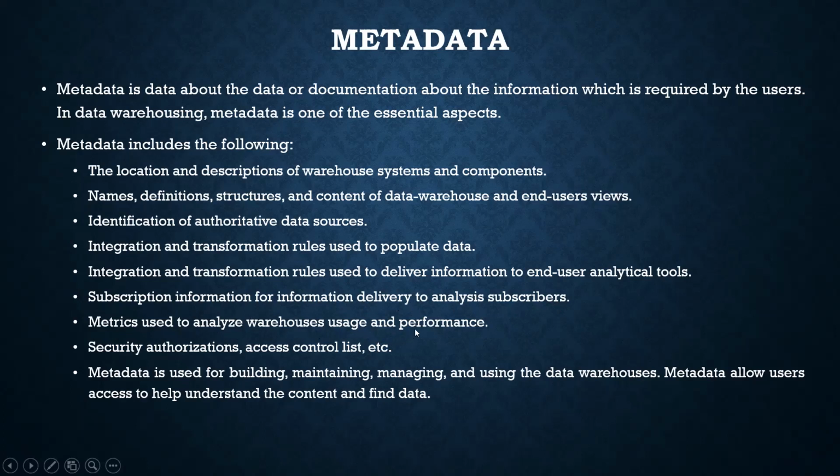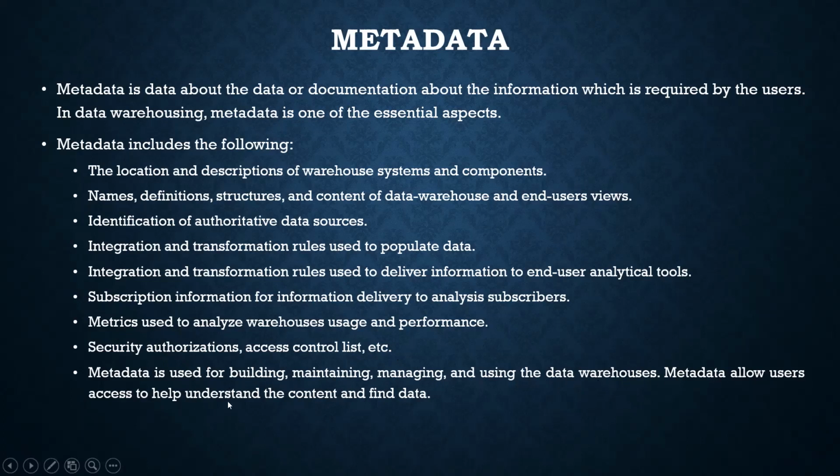Metrics used to analyze warehouse usage and performance. What are the metrics used in storing the data warehouse? Security authorizations, access control lists, etc. When the data is stored, we need to apply security methods and decide how to access them. Different security measures we are going to use will also be stored here. And the last point is metadata used for building, maintaining, managing, and using the data warehouse.